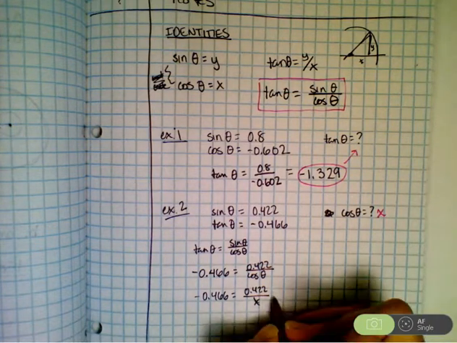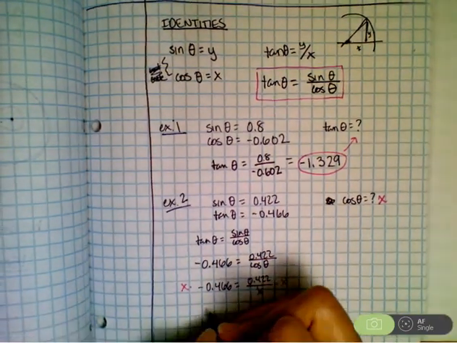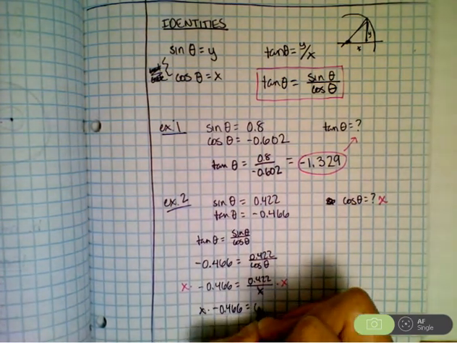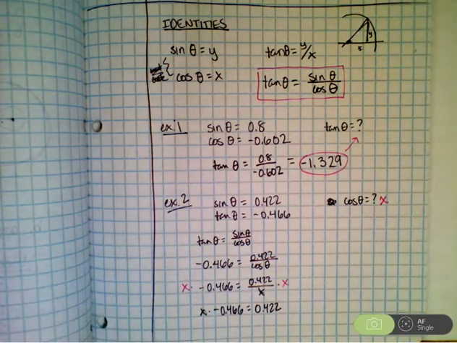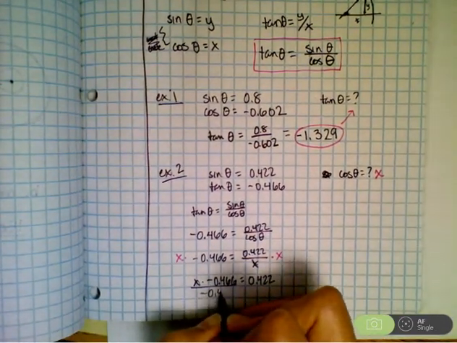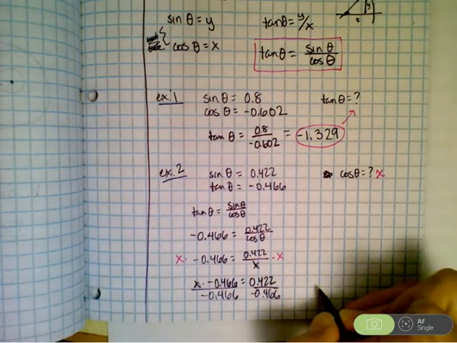It's a little easier to solve, since we're just solving for x instead of writing cosine theta over and over. I need to multiply both sides by x, since I'm trying to get x by itself. So I get x times negative 0.466 equals 0.422. Then I divide both sides by negative 0.466 to get x by itself.